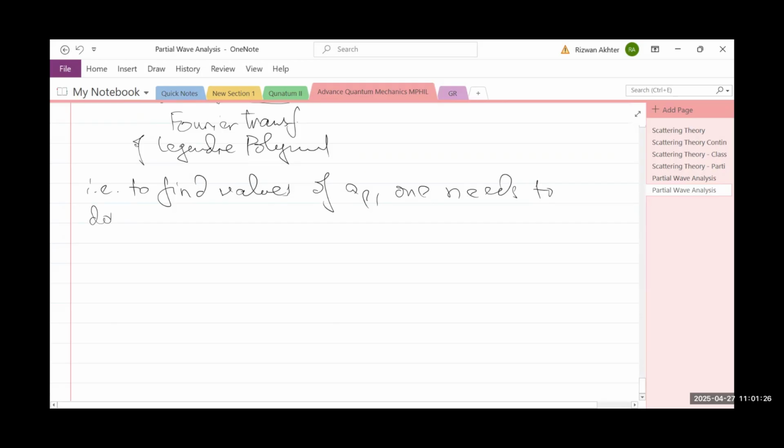To find the values of these amplitudes A sub L, what we need to do is to use the polynomial spherical Bessel function, and from that, using the condition for normalization.